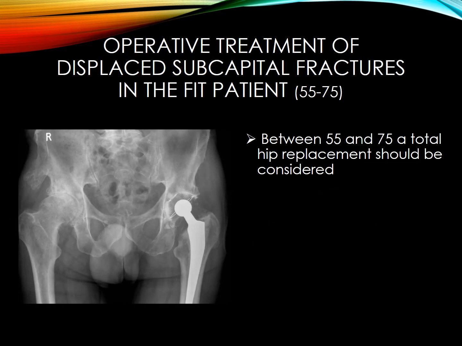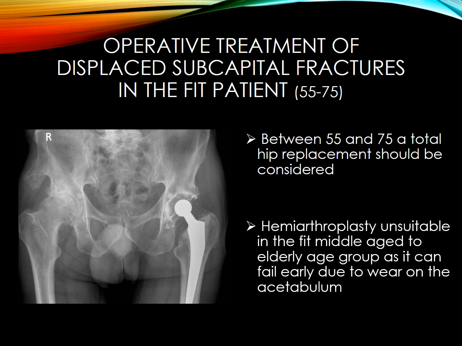Now, if you've got a subcapital fracture which is displaced and the patient is a fit patient, then what you mustn't do is do a hemiarthroplasty. The problem with the hemiarthroplasty is that you're only replacing the femoral head, you're not resurfacing the acetabulum.